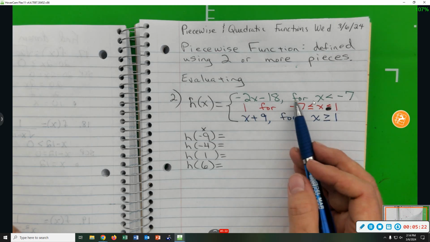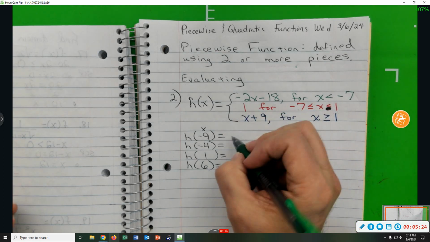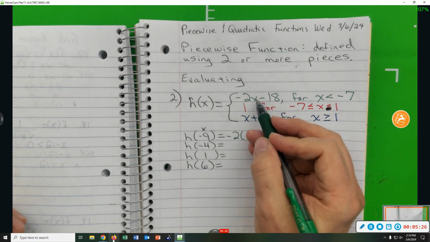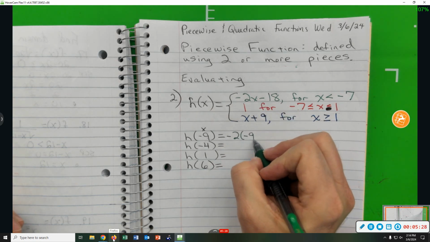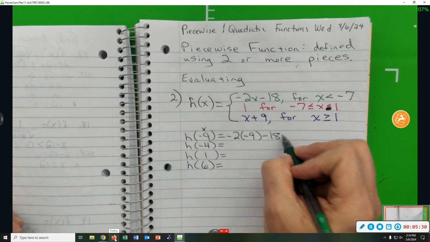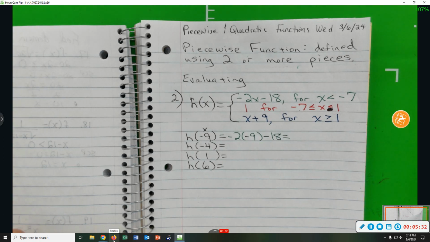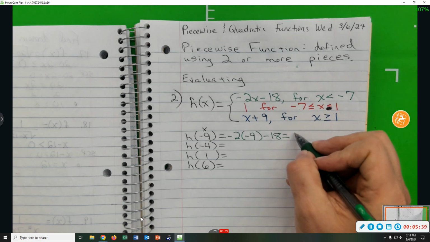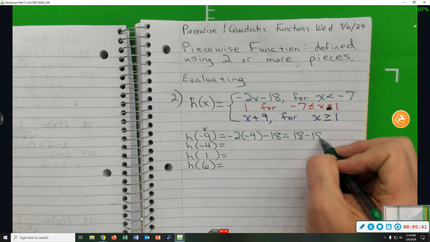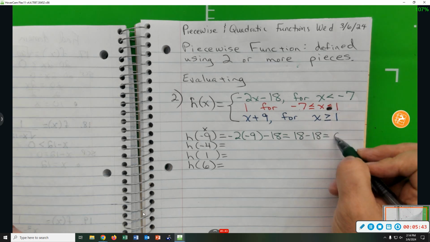So we're going to use the green piece, negative 2x minus 18. Replace the x with negative 9. Oh, this is going to work out nicely. Negative 2 times negative 9 is 18, 18 minus 18 gives me a y value of 0.